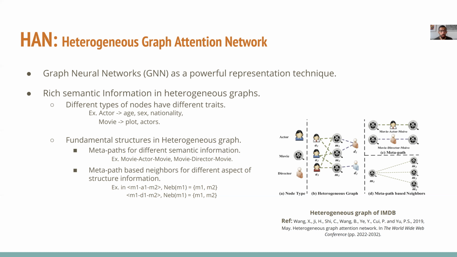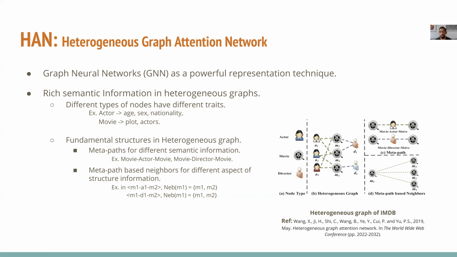They say in this paper that heterogeneous graphs have a lot of rich semantic information, and they add to what we said earlier about heterogeneous graphs in HIN2Vec. They also say that even the nodes themselves, different types of nodes, have different features.